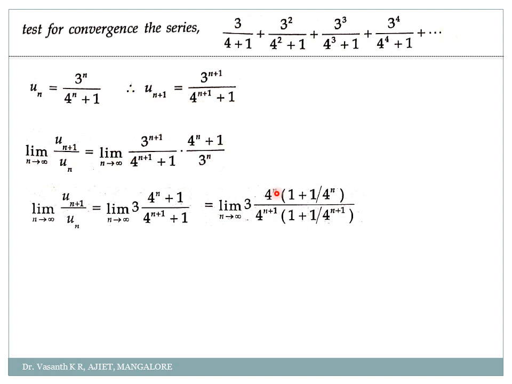Fine. But here, this 4 power n plus 1, how I can write it? 4 power n into 4 power 1. So 4 power n will get cancelled. 1 by 4 will remain here. So what will I get here finally? So 3 by 4, and when I apply the limits, 1 plus 0 divided by 1 plus 0. So finally I will get 3 by 4, which is strictly less than 1. Therefore the test is convergent.